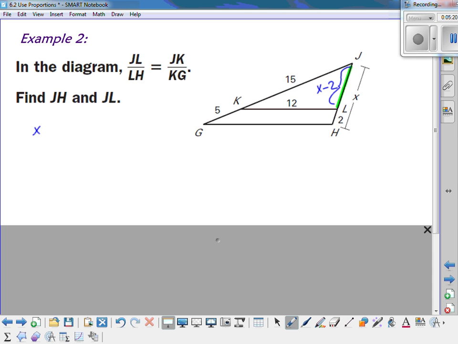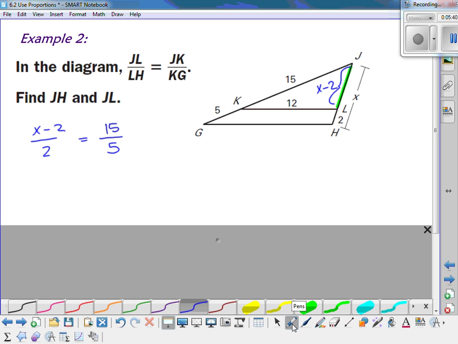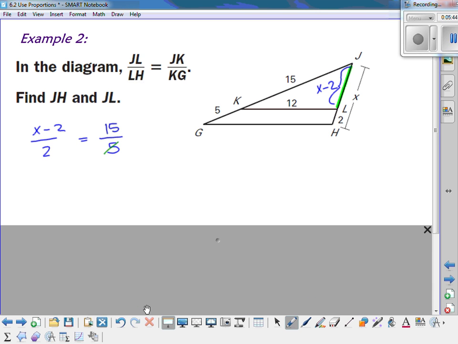JL, which is X minus 2, over LH, which is 2, is going to equal JK, 15, over KG, which is 5. Now I can solve the proportion by using cross multiplication. Before I cross multiply, I see that I can reduce the fraction on this side. 5 goes into itself once and into 15 3 times.